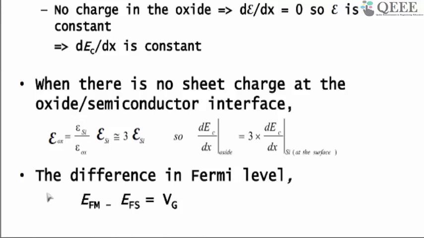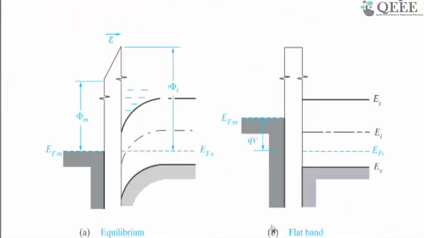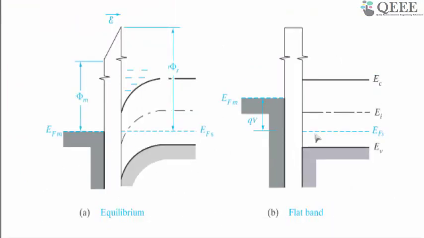And if you are applying any voltage, the difference between the Fermi levels should be equal to the applied voltage. If there is no voltage applied, this should be 0. That means the Fermi level is continuous from one side to the next. For example, in the flat band condition, when you apply a negative voltage, the Fermi level moves up.